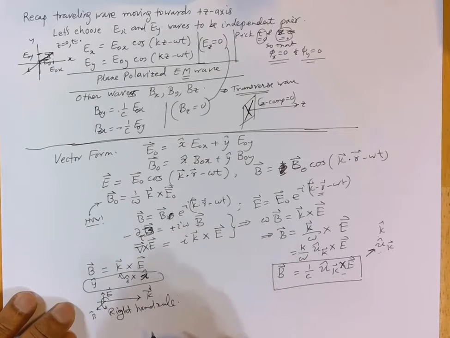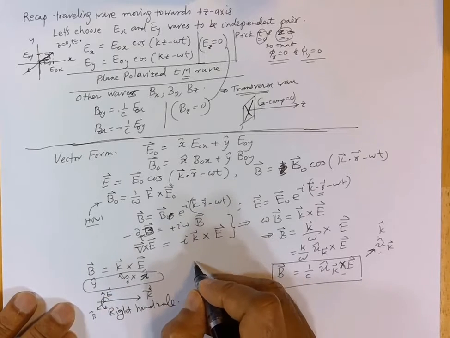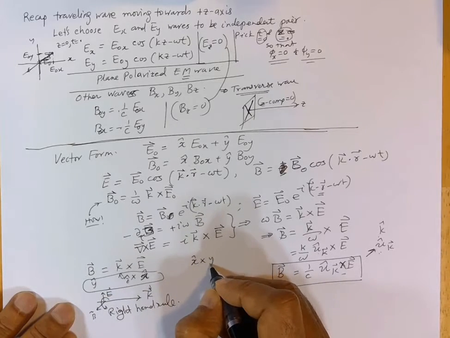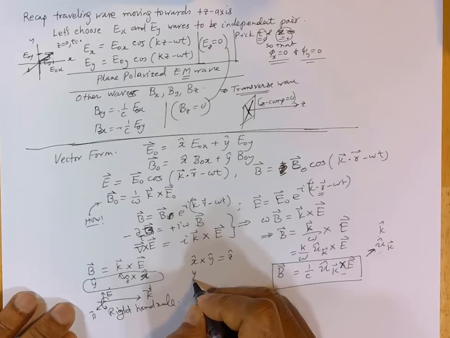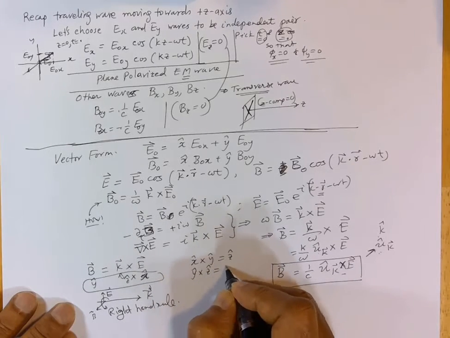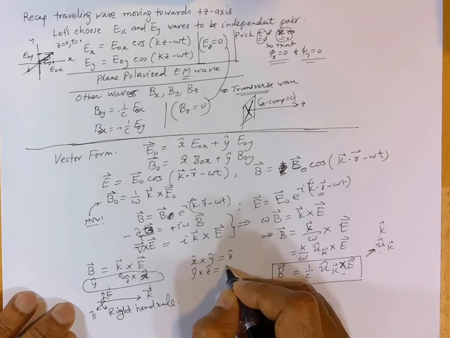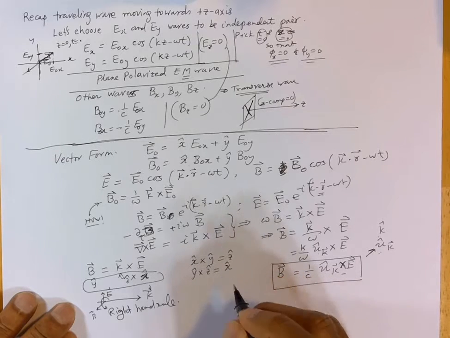And another way to look at it: in the cross product, x hat cross y hat equals z hat, right? And y hat cross z hat is equal to x hat.